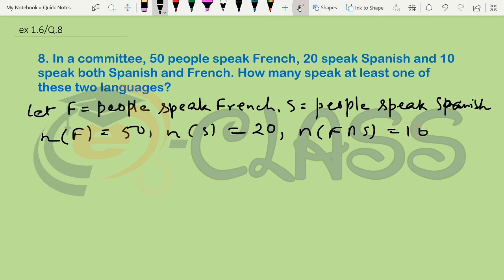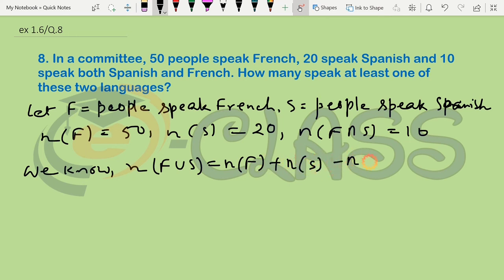Now we know N of F union S equals N of F plus N of S minus N of F intersection S. So this will be 50 plus 20 minus 10, which equals 60.